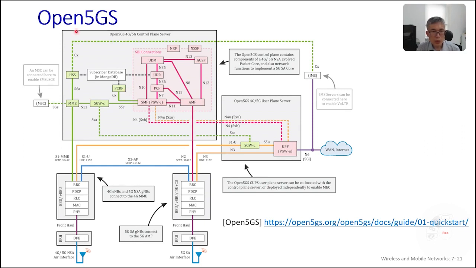This is the open 5GS architecture. This is open source, to allow construction of a 5G core network. So you can see this is the gNodeB, the base station. You can see the radio link control, packet data convergence protocol, and RRC.